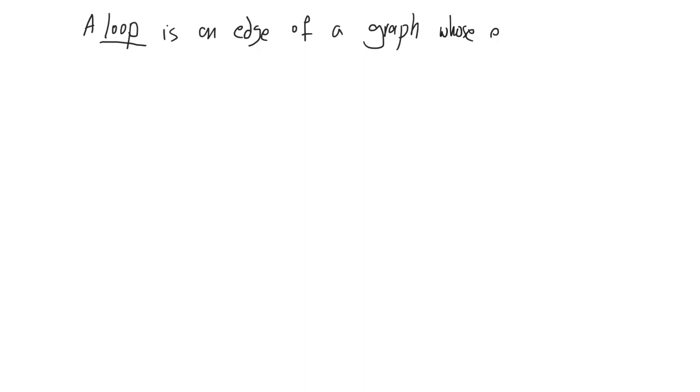Therefore, we can say that a loop is an edge of a graph with the same vertex.